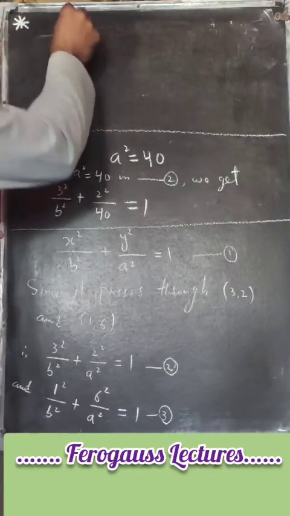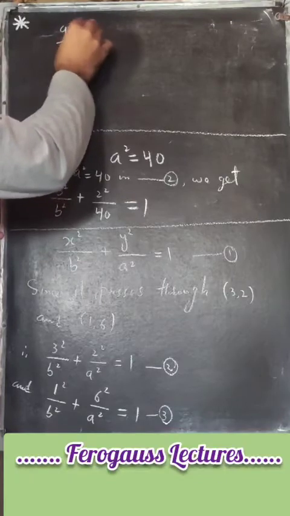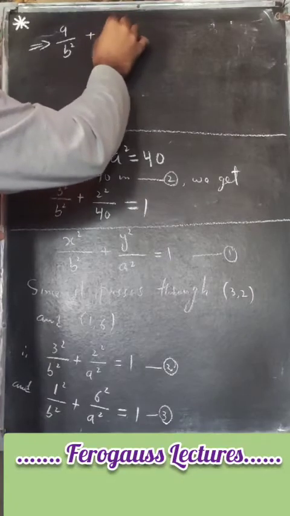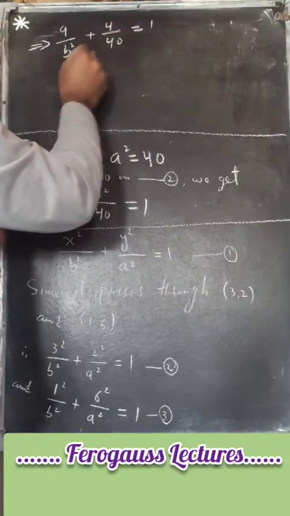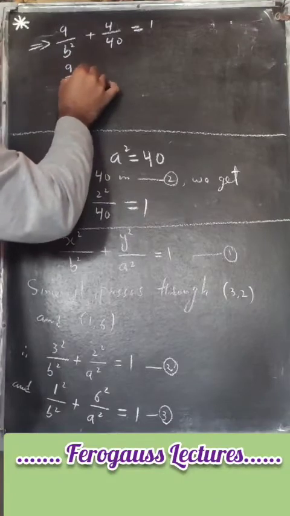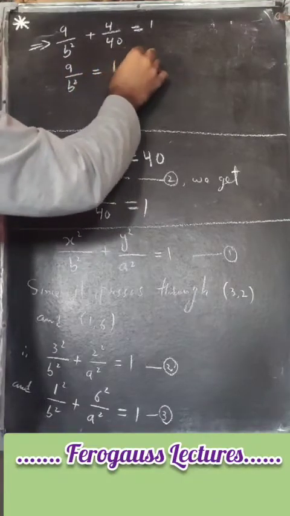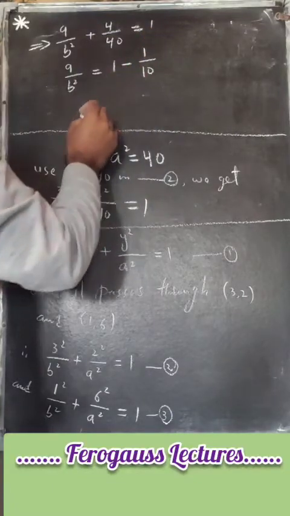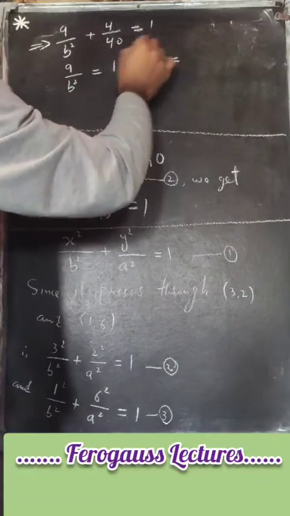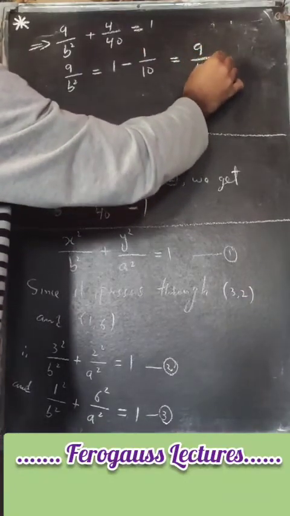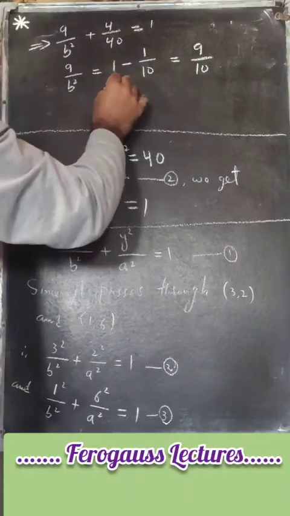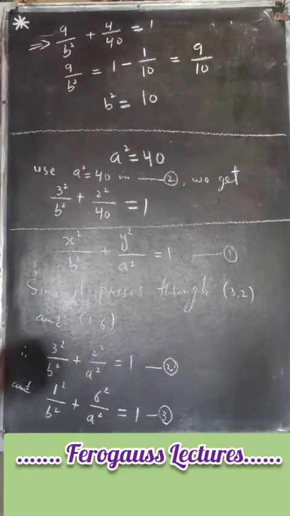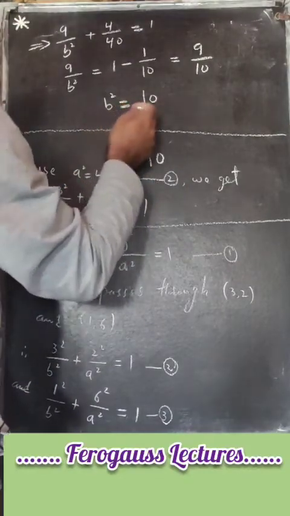Or it is 9 by b square plus 4 by 40 equal to 1. 9 by b square is equal to 1 minus 4 by 40, which is 1 minus 1 by 10, that is 9 by 10. So 9 by b square is equal to 9 by 10, or we can write b square is equal to 10. Now a square is equal to 40, b square is equal to 10.